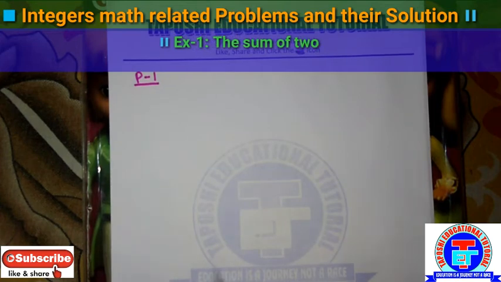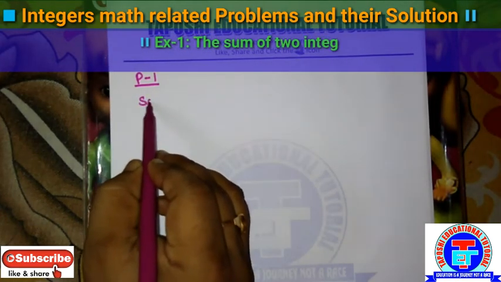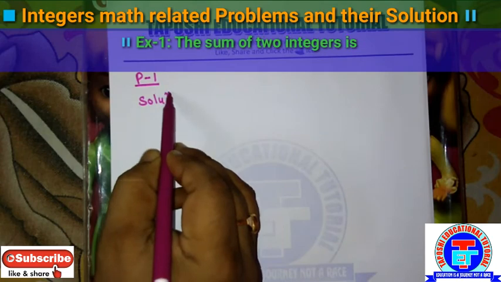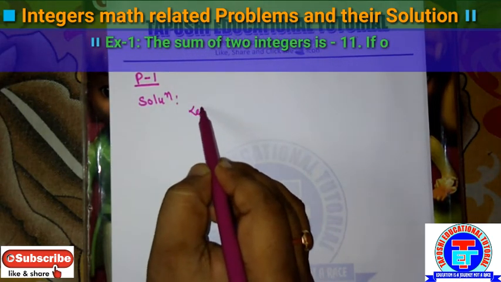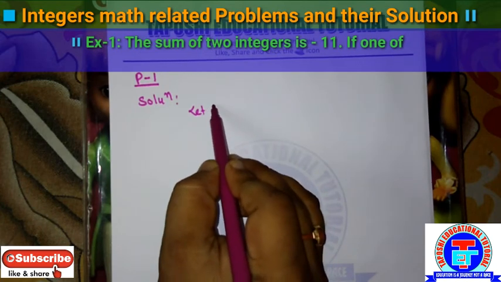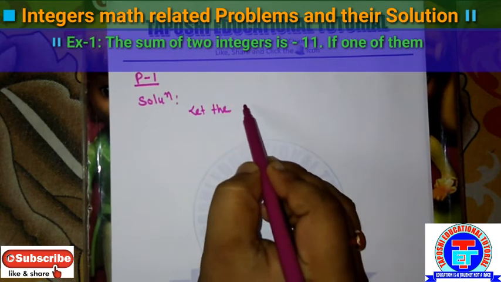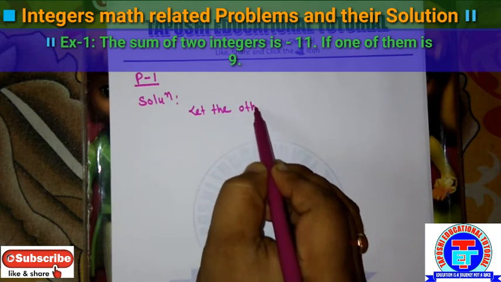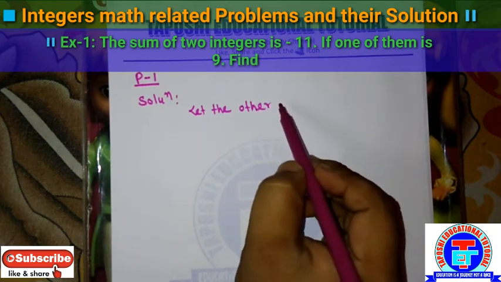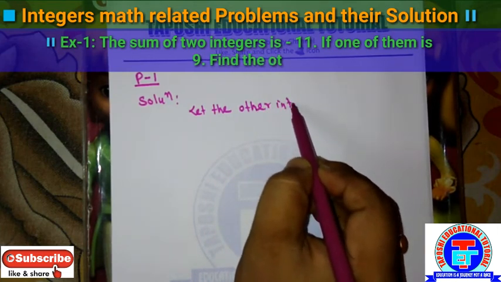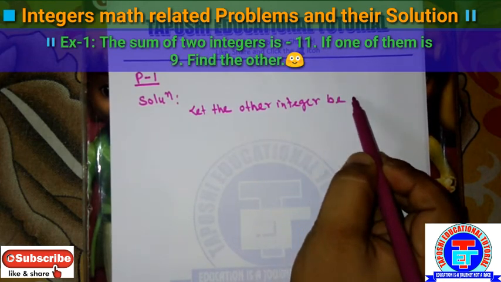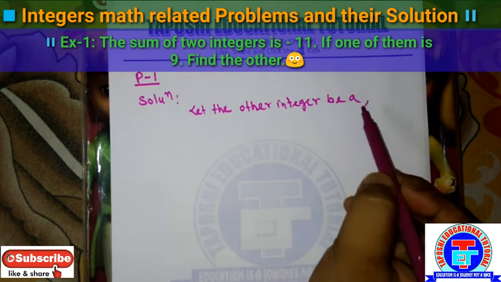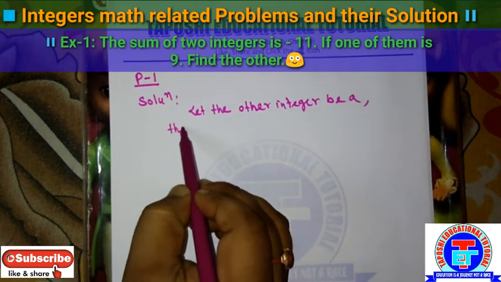So the solution regarding this problem we solve here. Let the other integer be a.